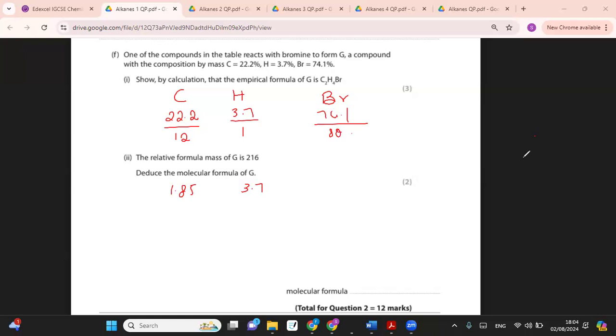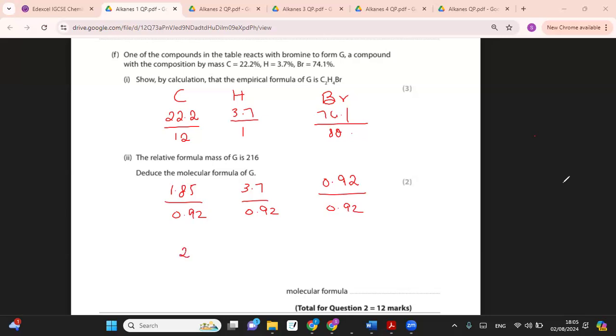Perfect. So if you do that, this is what we're getting, right? 0.92. And then we divide all of them by the smallest number, so that's 0.92. So 1.85 divided by 0.92 gives us close to 2, and then close to 4, and then 1.